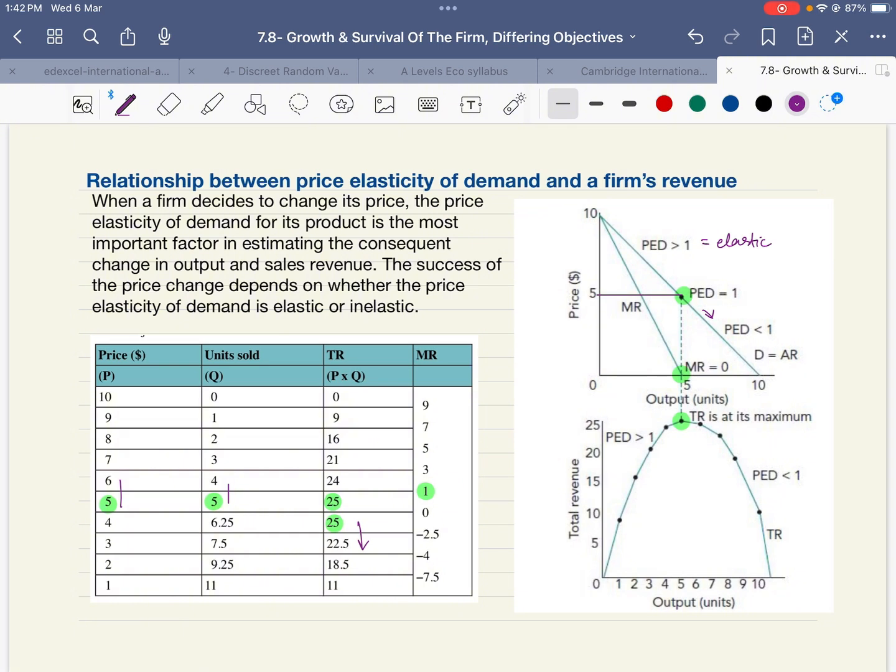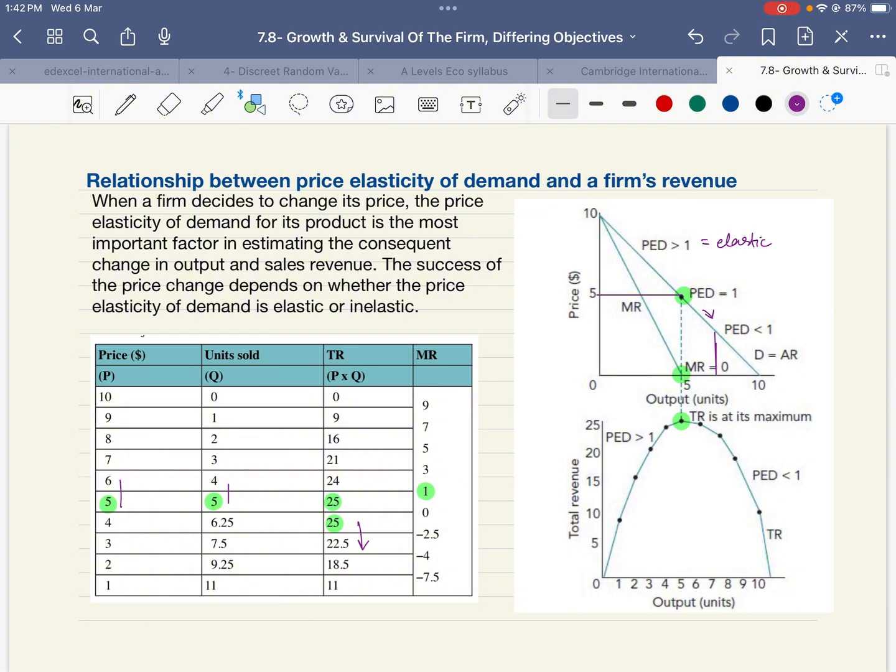Sometimes the firm may be prepared to accept lower prices and produce above the profit maximizing output in order to increase its market share in a growing market. This is called penetration pricing policy. A firm choosing to maximize its revenue would raise output beyond MC equals MR to the point where MR falls to 0.